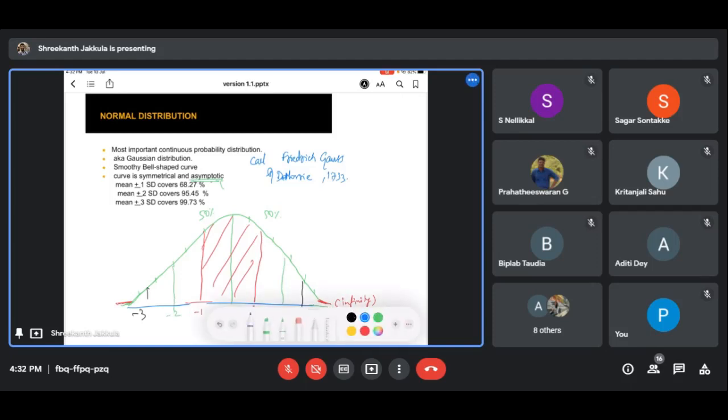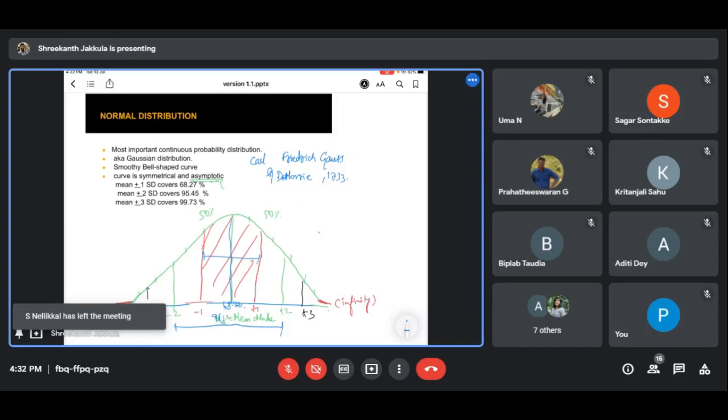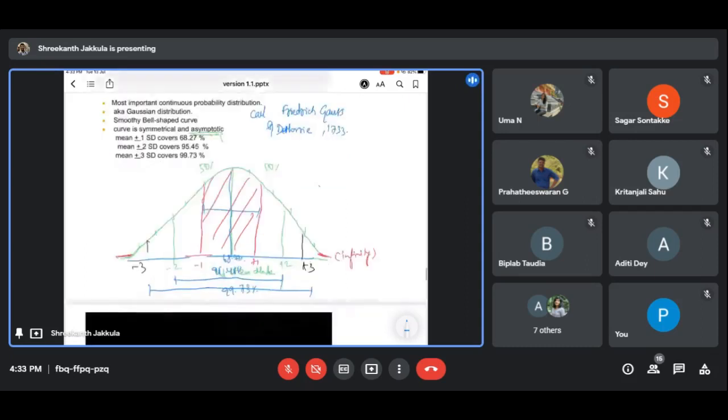So 68% of observations fall around the mean within the range of one standard deviation. Then 95.45% will fall within two standard deviations, and 99.7% of variations will fall within three standard deviations. So this is the basics we have to know.